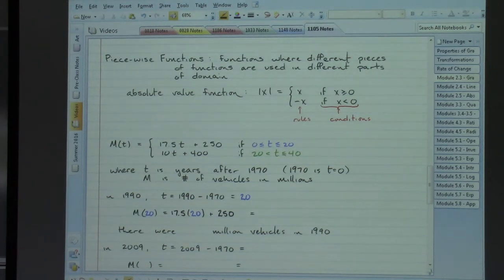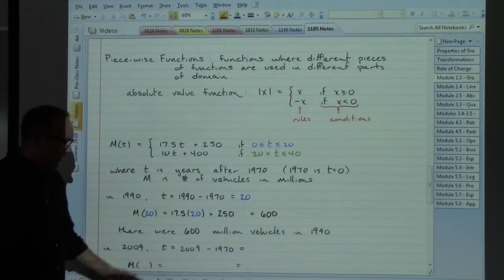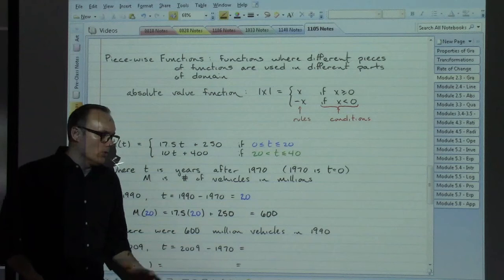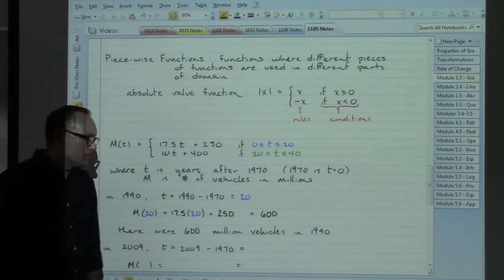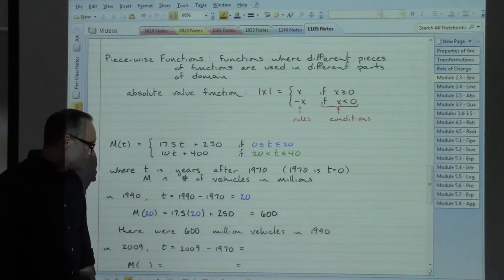So if we crunch that out, that's going to give us 600, meaning that there were 600 million vehicles in the year 1990. So I think that instead of talking about how many were sold, we're really talking about how many are out there in the world on the road. 600 million vehicles in 1990.